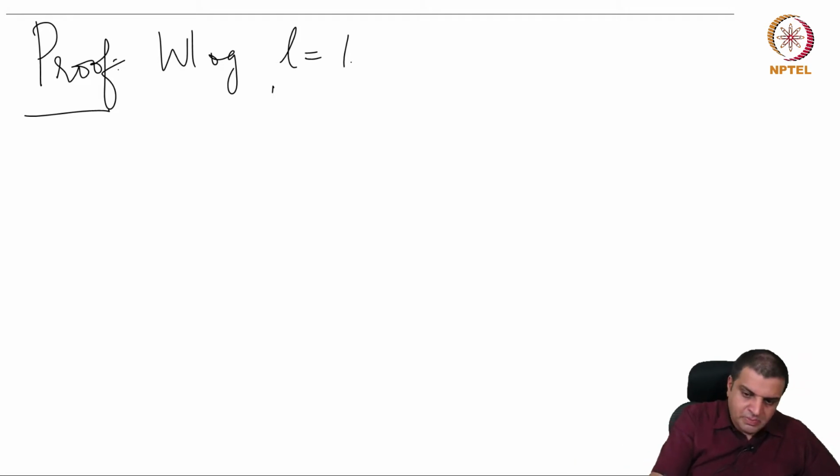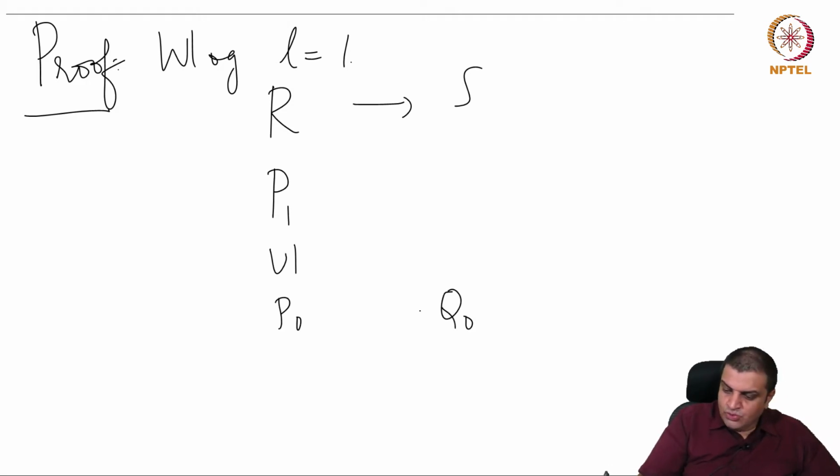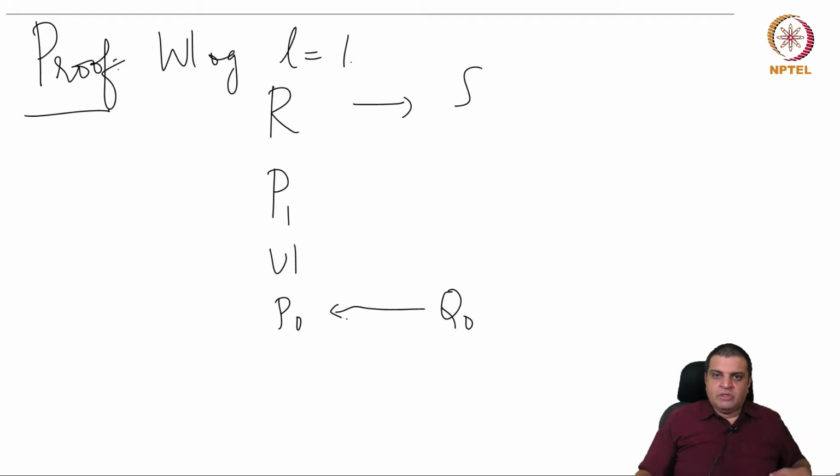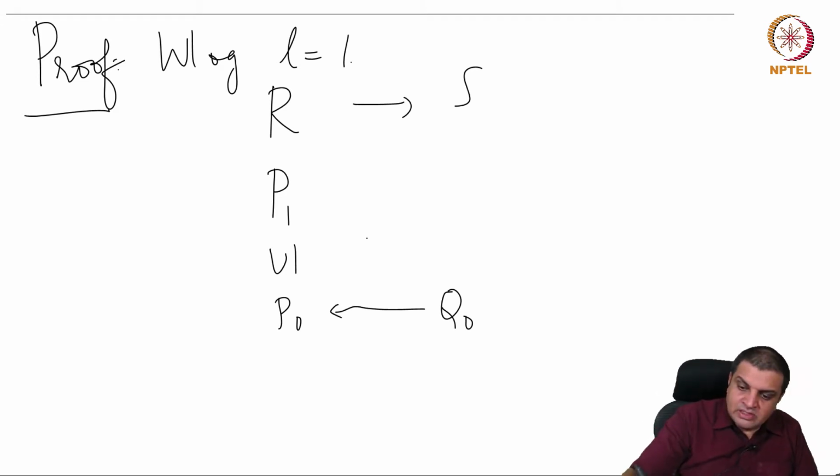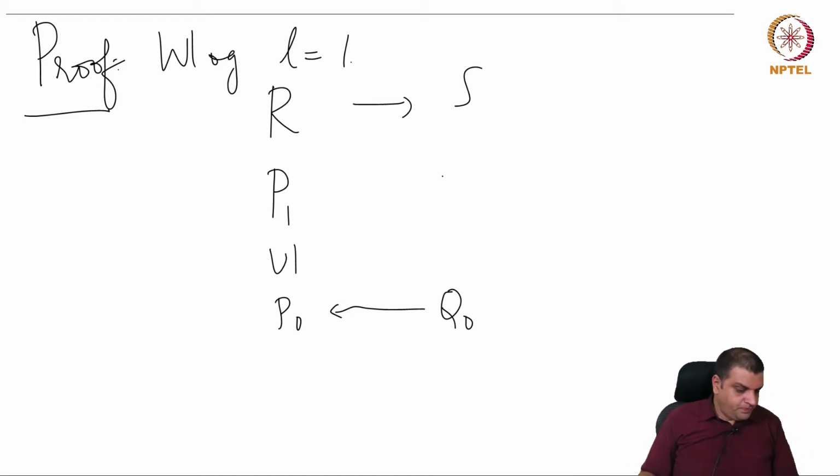So let me just repeat the picture that we have here. This is the integral extension. Then there is a P1 containing P0 here and a Q0 contracting to that P0, and we would like to construct something here. So go modulo P0.